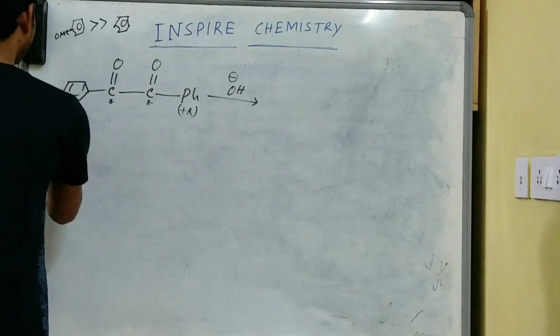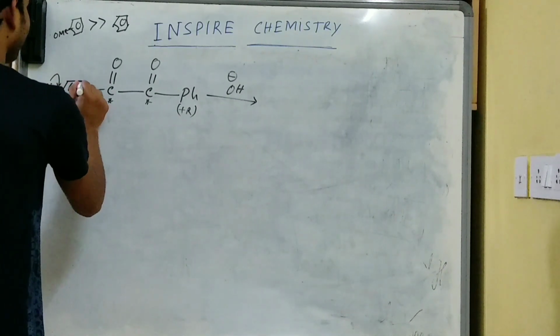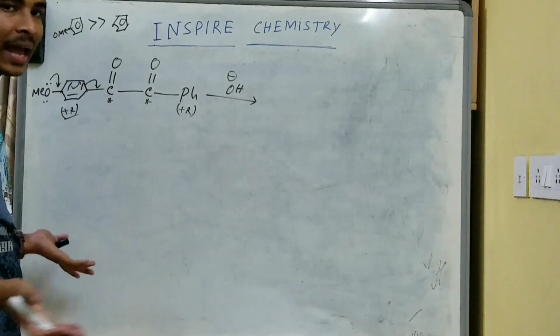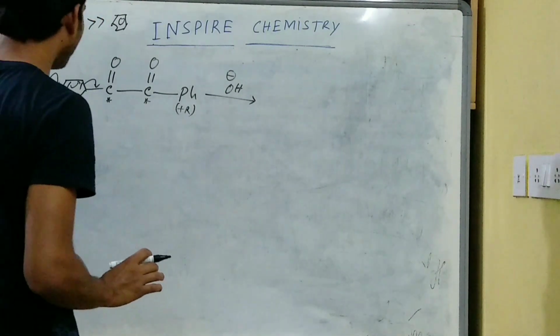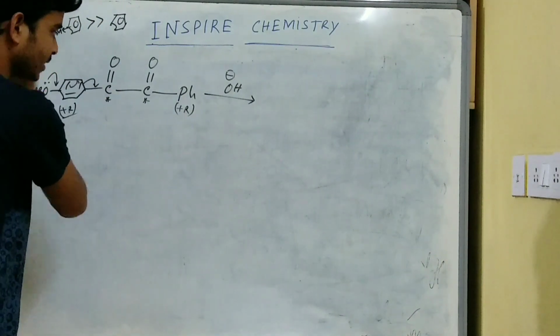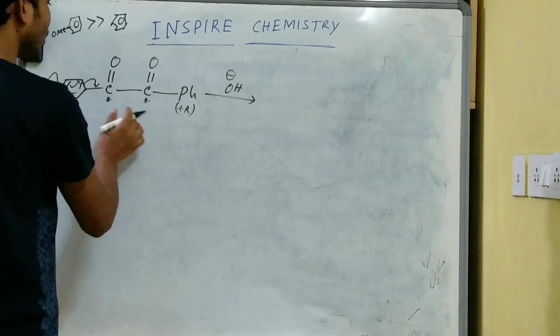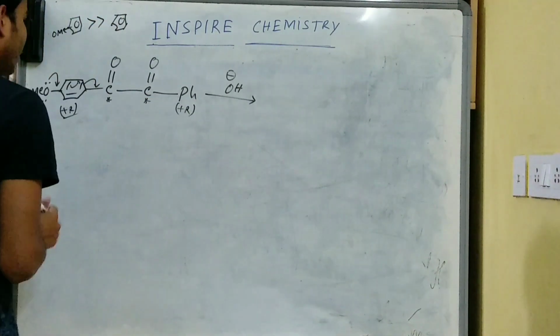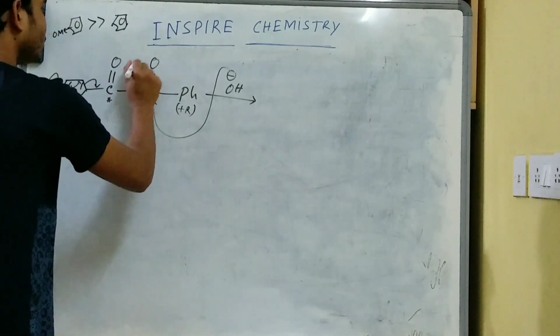As it has more plus R effect, it will release its electrons. So for this OMe group, the electrophilicity of this carbon decreases. So here OH minus cannot attack this side, because this side is more electrophilic. So this OH minus will attack this carbon, and this will release.